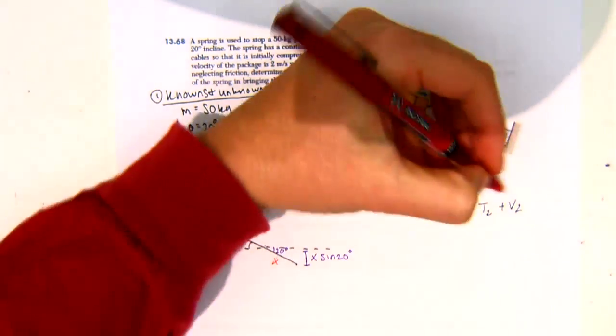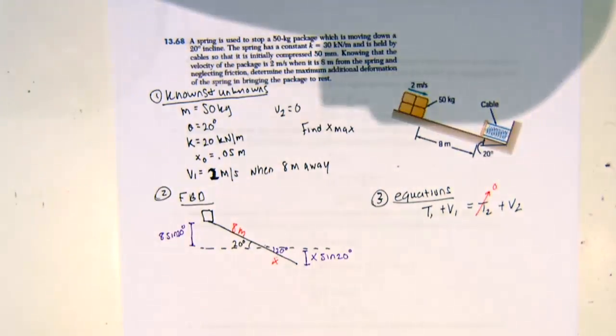T, good. So we can say that T2 is 0. So for our initial potential energy, we already said we initially have kinetic. For the final one, we don't have kinetic. For our initial potential, what do we have? We have gravity and we have the spring.